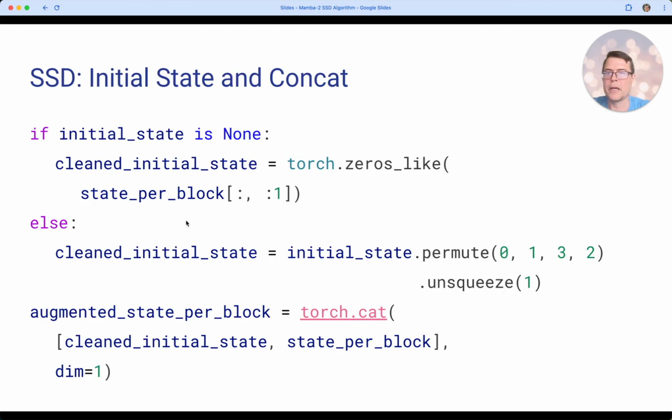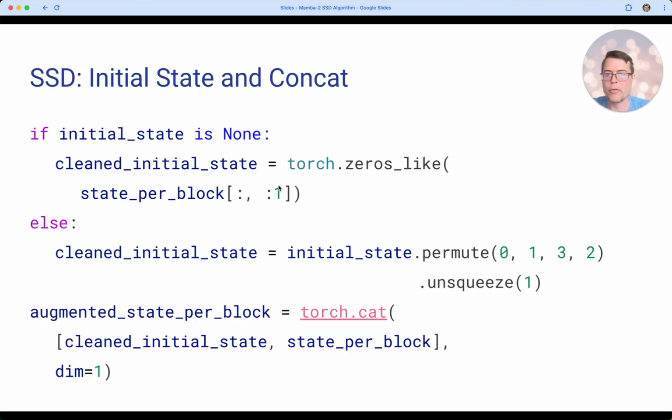This handles the initial state. If you don't get any state, we make some state. It's all zeros. And this stuff is basically saying, let's slice up this tensor so we get one block.